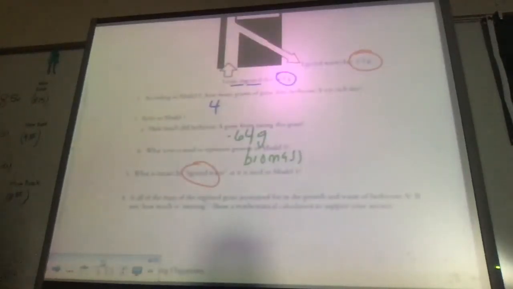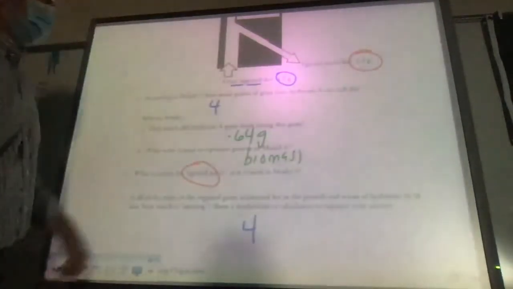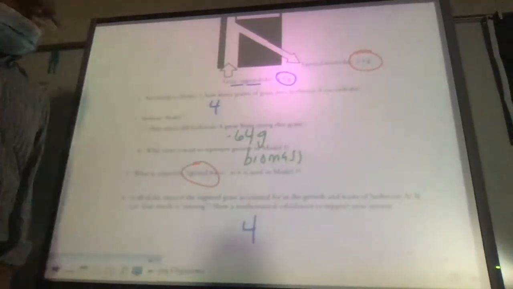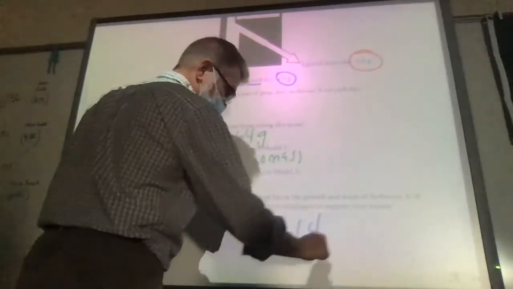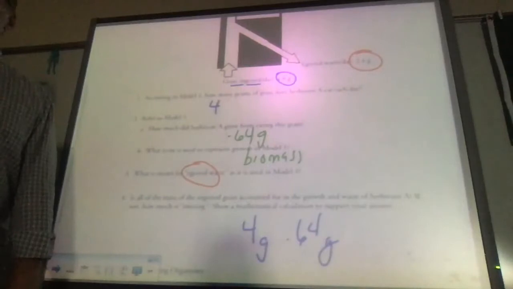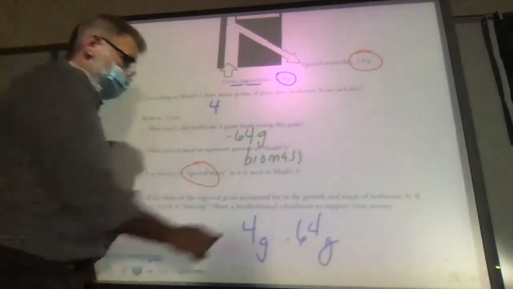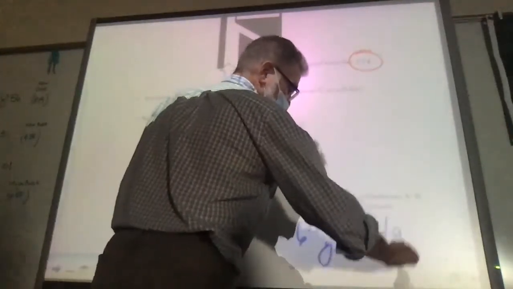So how much mass did we start with? 4 grams. How much went into biomass? 0.64 grams. Are we adding or going to subtract that? We're going to subtract because it's getting used. And same with the waste products, 2.4 grams of waste products.